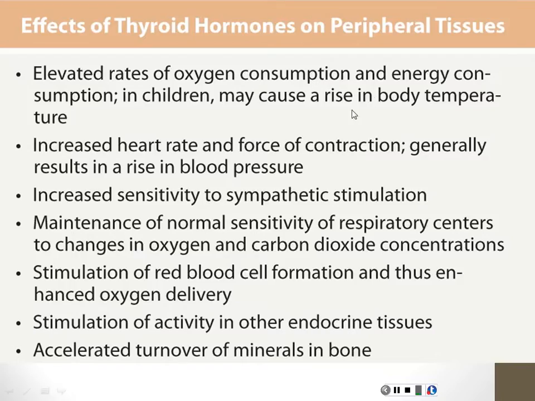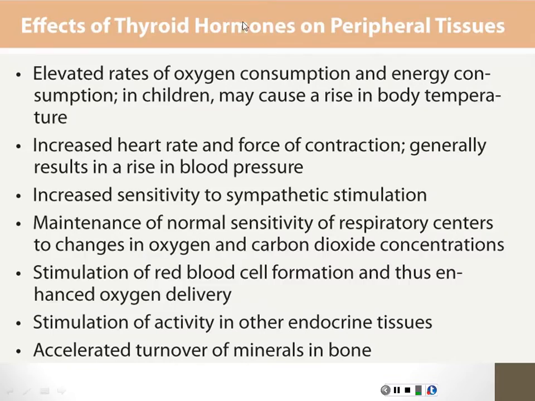So there again, one of the things that happens in the absence of thyroid hormone is the heart does not keep up with the body's needs. So it beats too weakly and it doesn't beat fast enough to maintain circulation. Okay? And a rise in blood pressure will happen if you gave somebody an injection of thyroid hormone over what's normal, their blood pressure would go up because their heart rate would go up and their contraction strength would go up too.